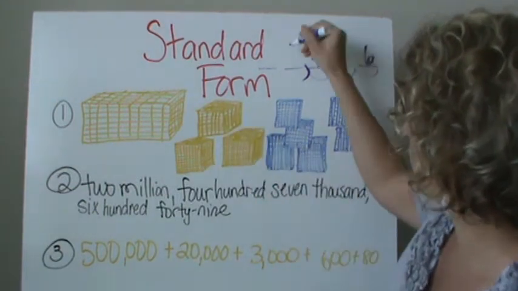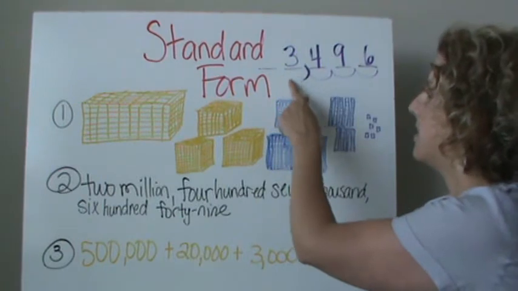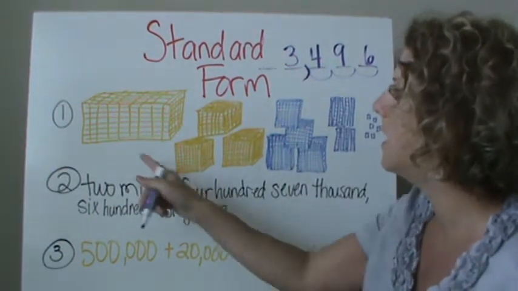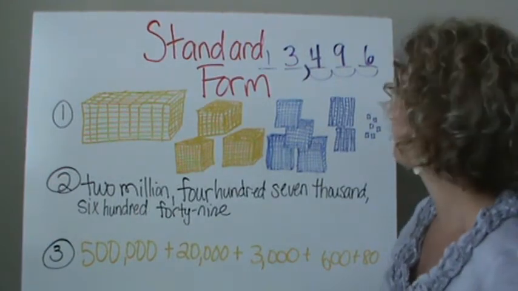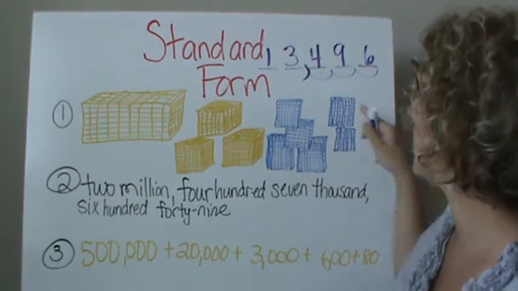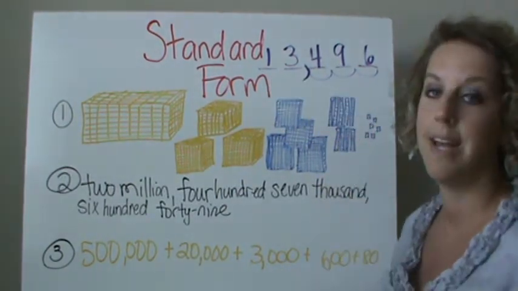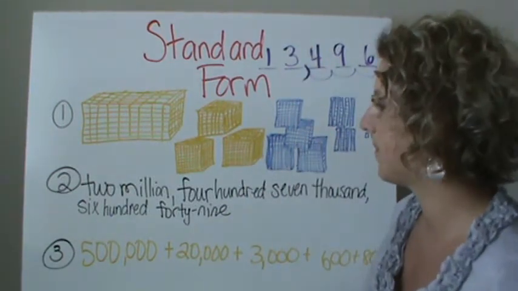There are 3,000s. And I can double check myself. Ones, tens, hundreds, thousands. Yep, that's the thousands place. And there's one 10,000s block. So my standard form for this is 13,496.